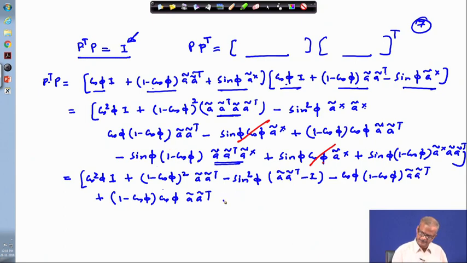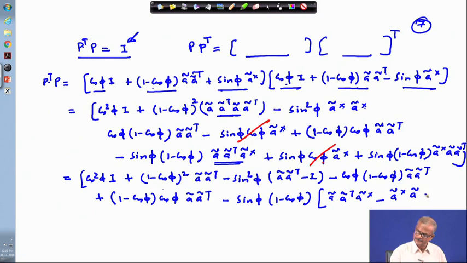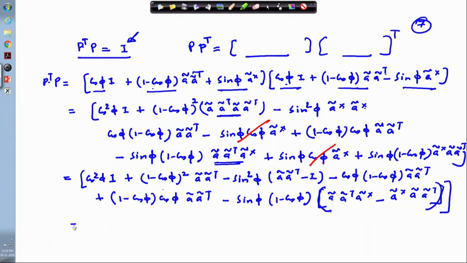So, finally, we have minus sin phi times 1 minus cos phi. If we take this as common, so we will have here A tilde times A tilde transpose A tilde cross minus A tilde cross A tilde times A tilde transpose. If we work it out, we can show that this gets reduced to I. So, our job is done.